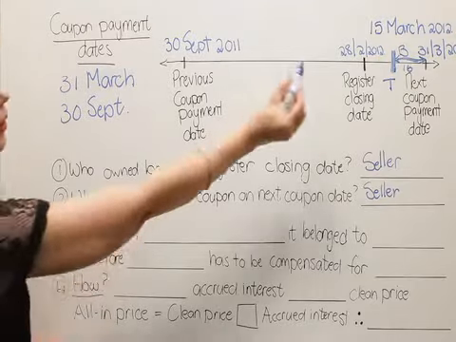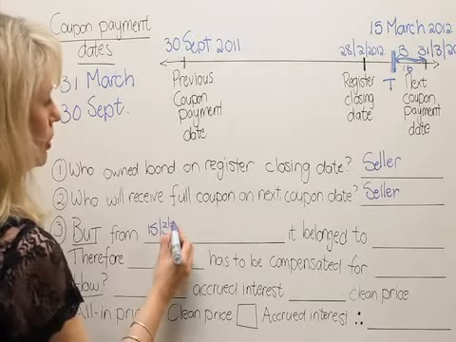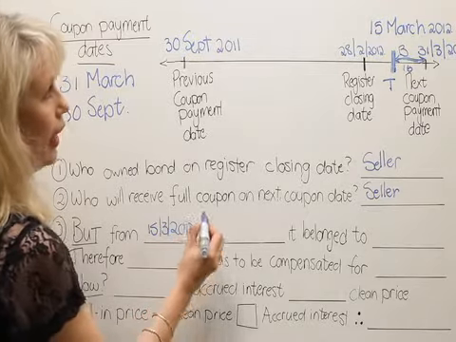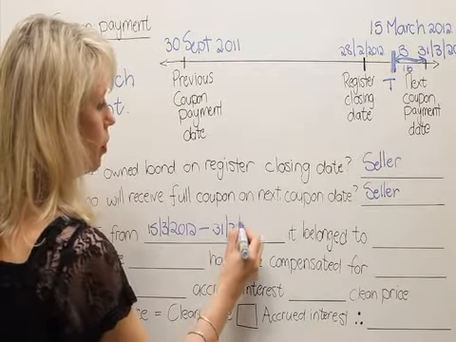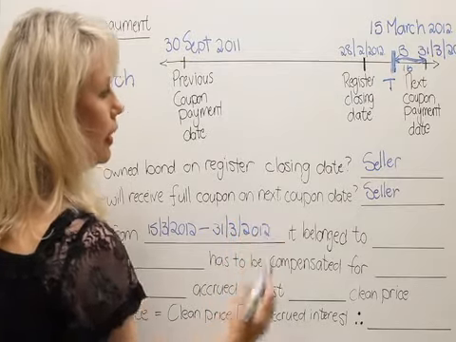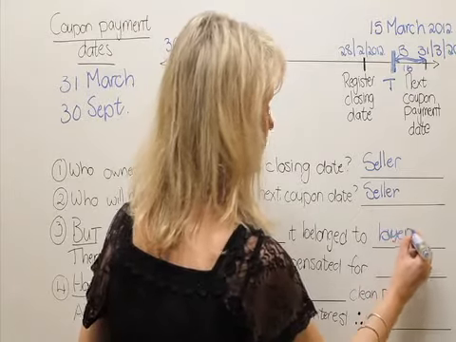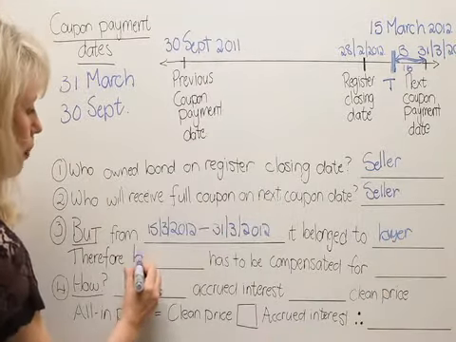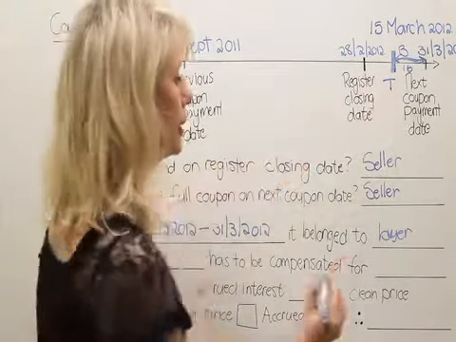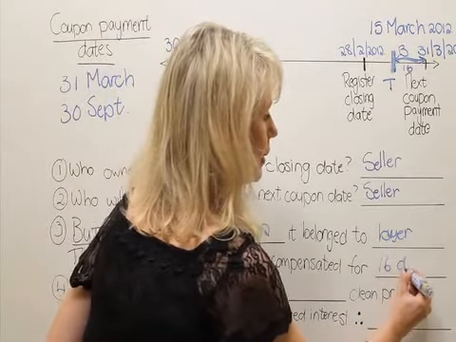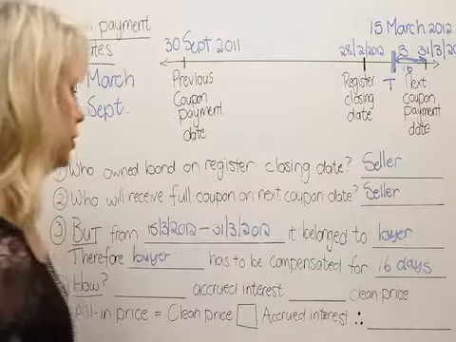So from 15 March 2012 until the next coupon payment date, 31st of March 2012, it belonged to the buyer. Therefore, the buyer has to be compensated for this period, which is 16 days, from 15th March to 31st March.